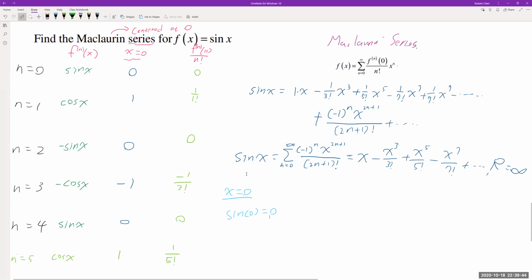So what we have here is we represented a trig function with some sort of polynomial, an infinite polynomial for that matter, which is something really interesting, because we are comfortable working with polynomials, probably not as comfortable as trig functions.